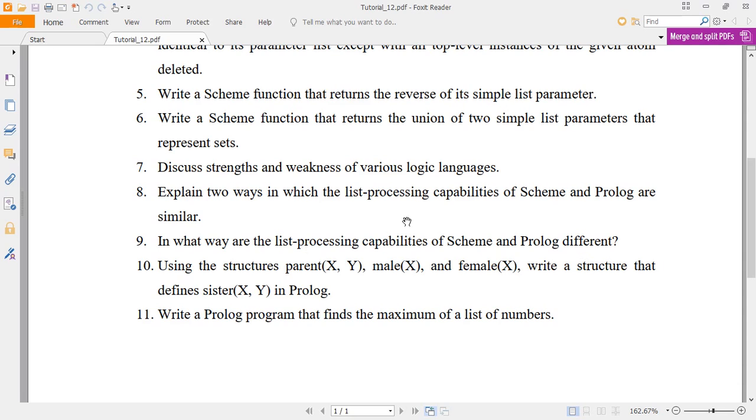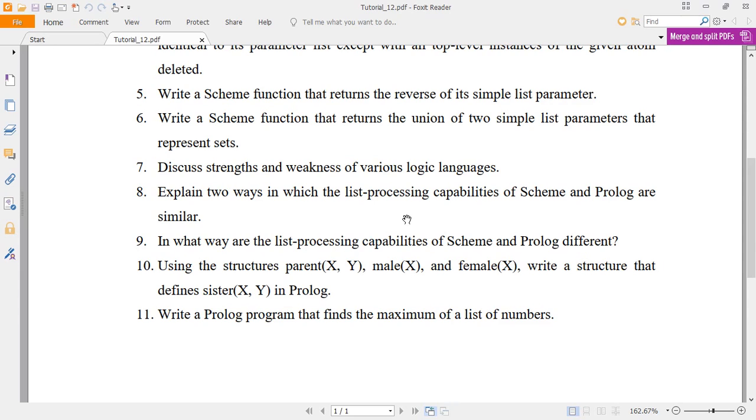Next one is: using the structures parent of x comma y, male of x, and female of x, write a structure that defines sister of x comma y. In the Prolog programming examples, we have seen the parent example and the male female example also, in the lineage of Dasharatha, Rama, and Lava Kusha.